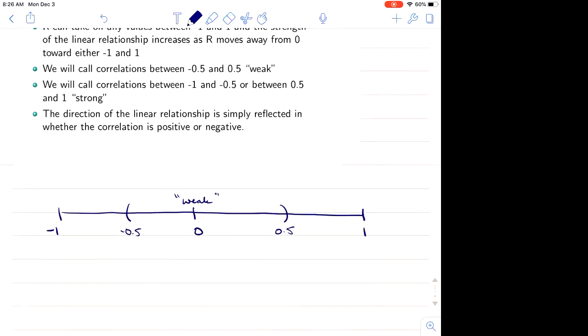Out here, I'll call this a strong negative relationship. And out here, I'll call it a strong positive relationship.